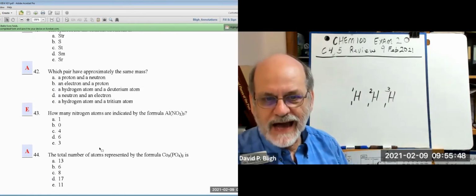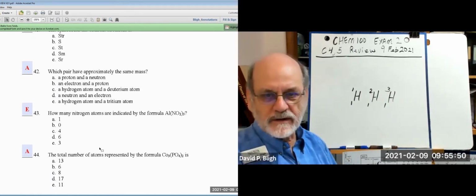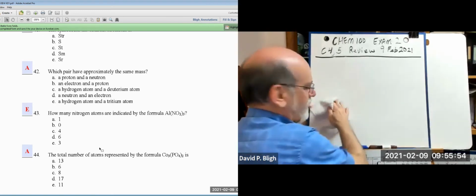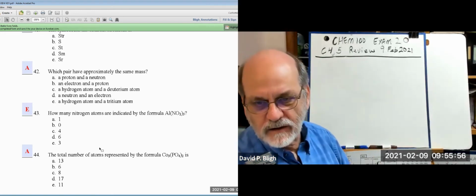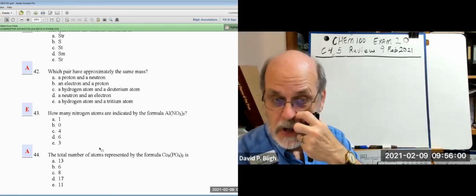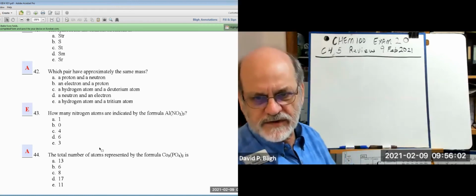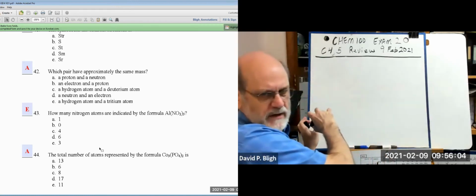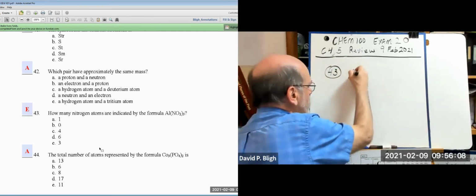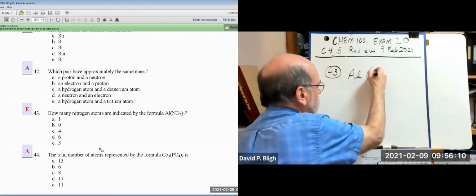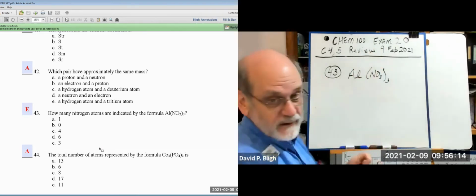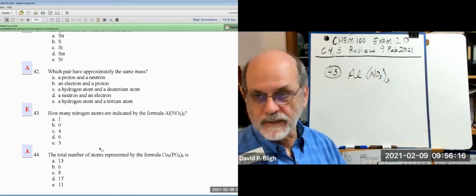43. How many nitrogen atoms are indicated by the formula Al in parentheses NO3 taken 3 times? By the way, what is that? What's the name of that compound? How would we name that?